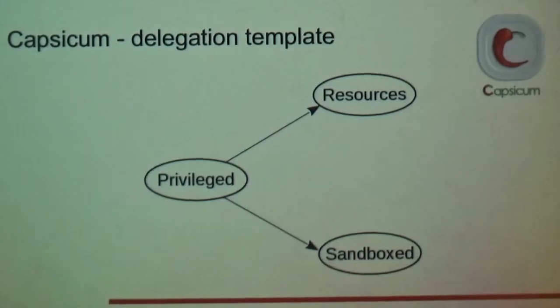And we have also the sandbox process, which is doing the hard, very complex algorithm. So the privileged process can, for example, give a descriptor to the sandbox process to say, hey, this is the descriptor, please do something with that. For example, compress it.